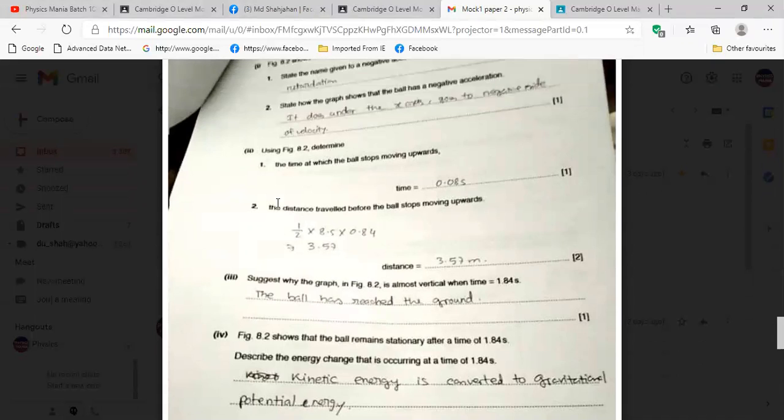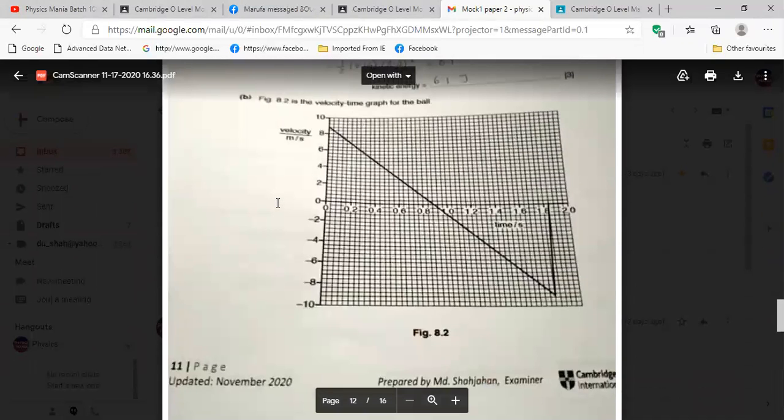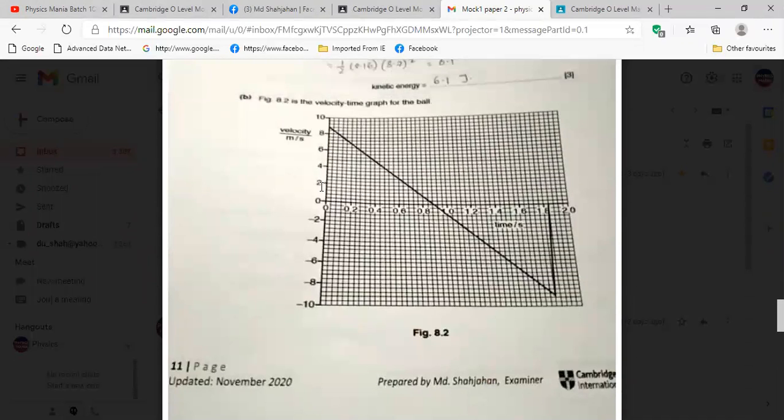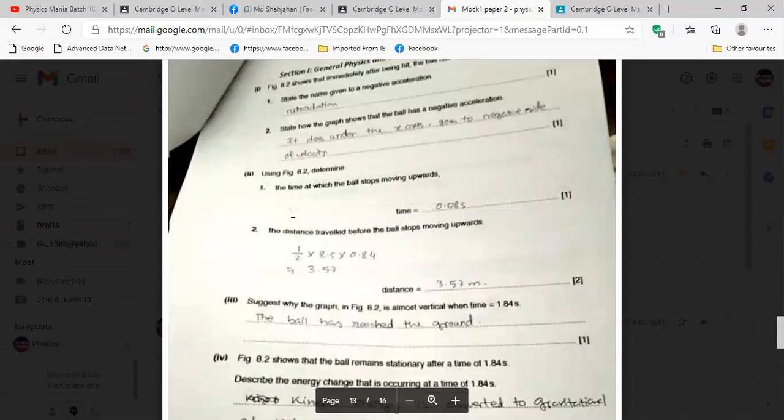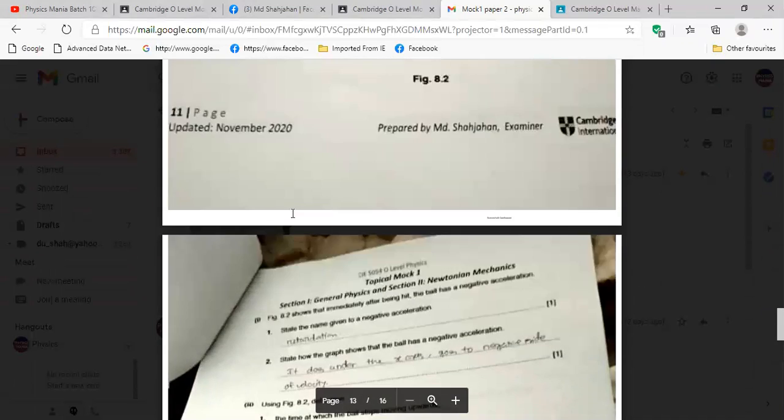So they are asking you about only this part, the upper part. There'll be half into 0.88 into 8.5, right, sir? It was 8.5 the height.